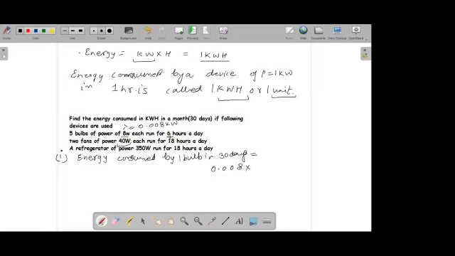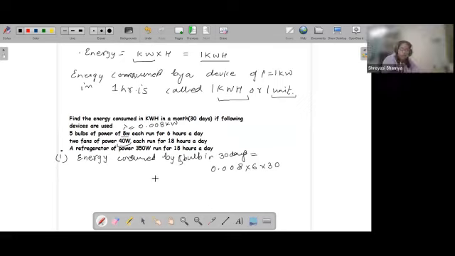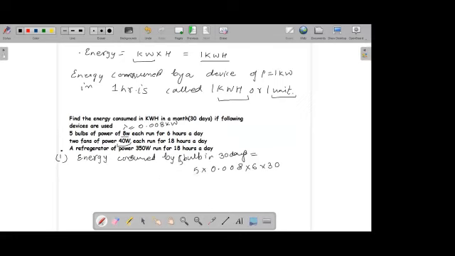The time is 6 hours. So in one day, it consumes this much energy, and in 30 days, it will consume an energy which will be multiplied by 30. Now, what will be the energy consumed by 5 bulbs then? Into 5. So is there anyone who is having any problem with this expression?